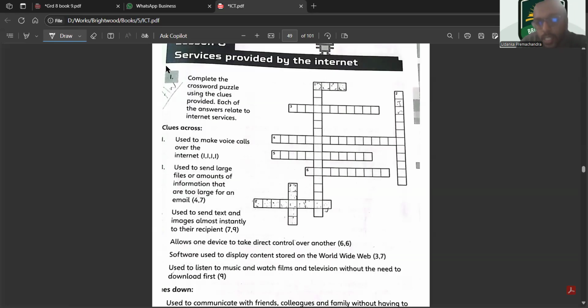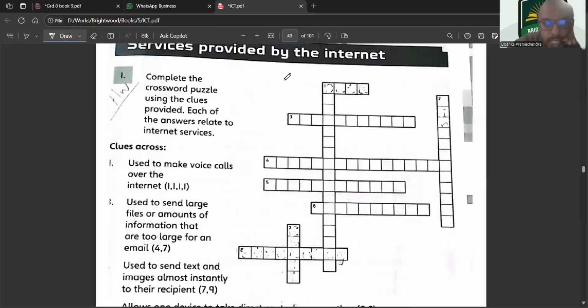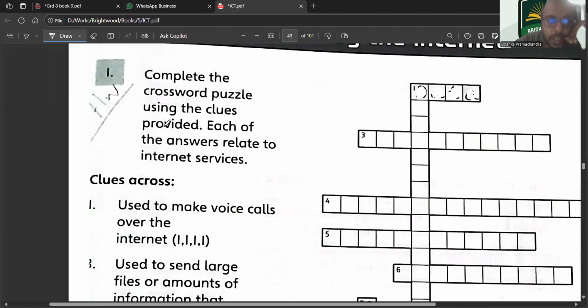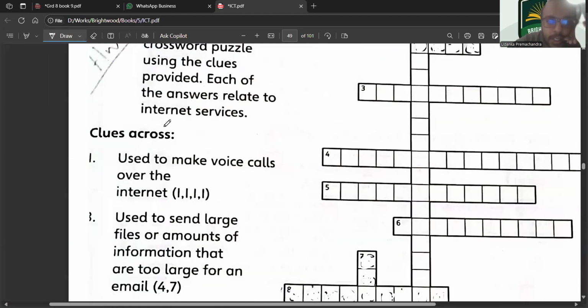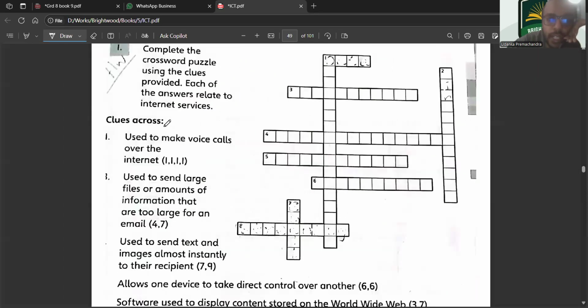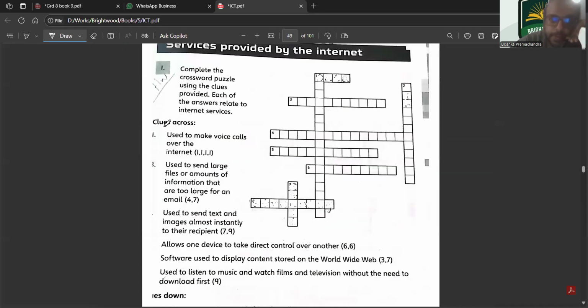What are they asking? Okay, here. Can you see the numbers? Here first, 1 across. Look here. Used to make voice calls over the internet.